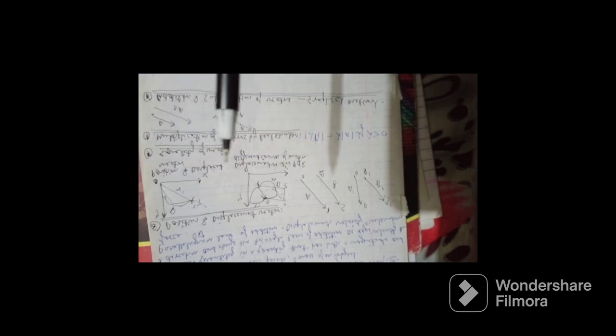The two vectors and their resultant form three sides of a triangle, so the method is also known as the triangle method of vector addition.